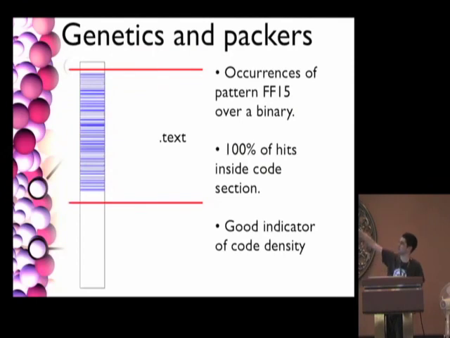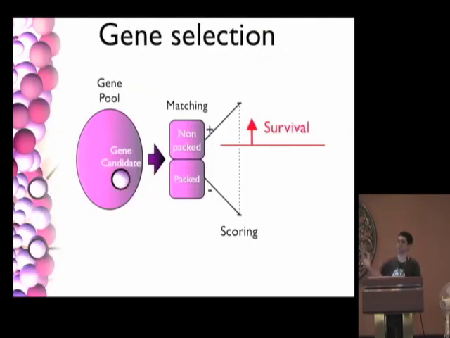This is the distribution of the occurrences of that pattern. Between the red lines is the text section, and as you can see, there are no hits outside the text section. It's a really simple pattern, probably too short, but it's a really good indicator of code density. We will be using patterns tied not to code density, but to compiler-generated code density. But I think this gives you the idea.